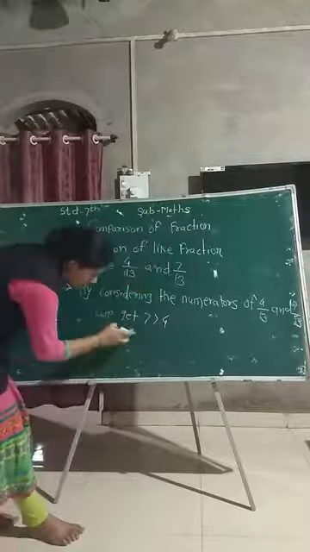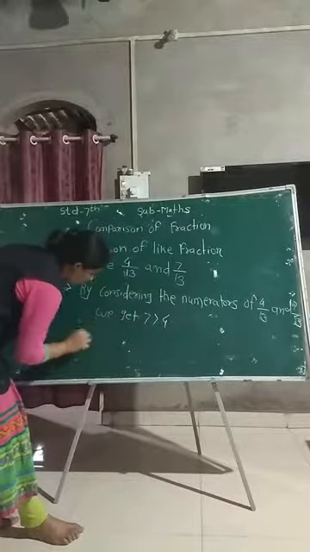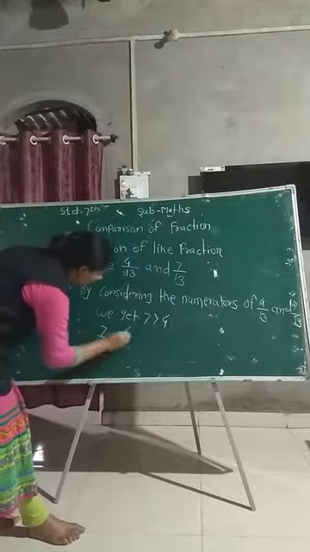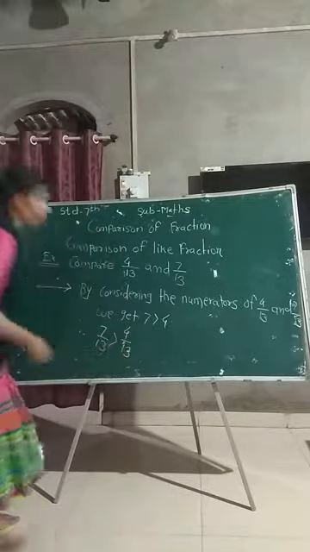We know that 7 is greater than 4. That's why 7 upon 13 is greater than 4 upon 13.